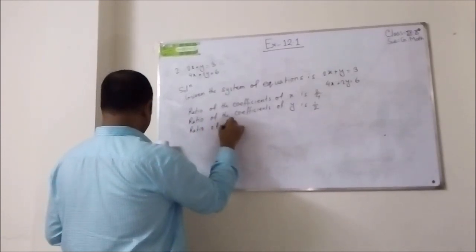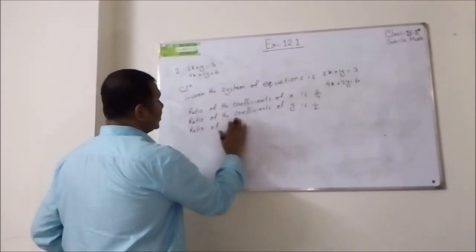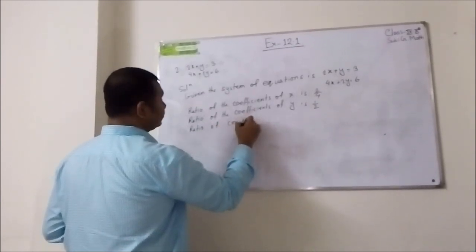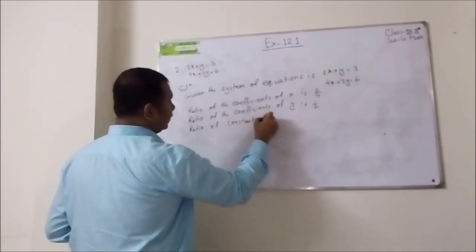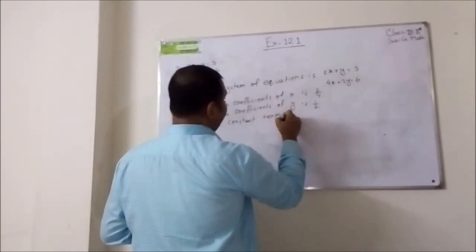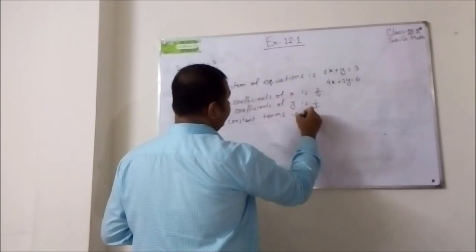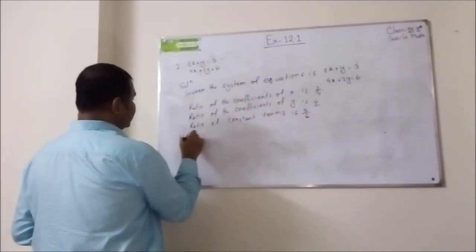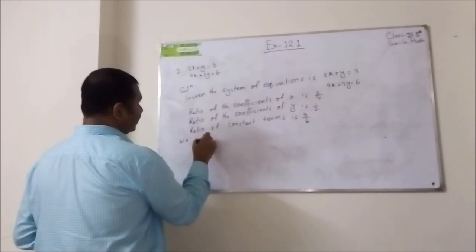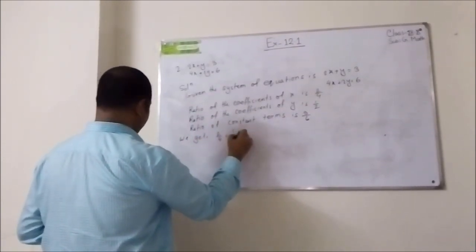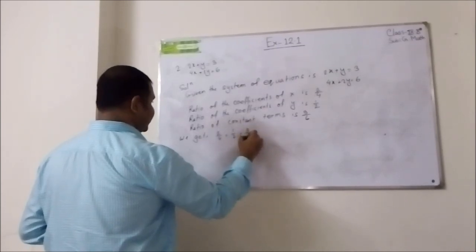Ratio of constant terms is 3/6. So we get 2/4 equal to 1/2 equal to 3/6.